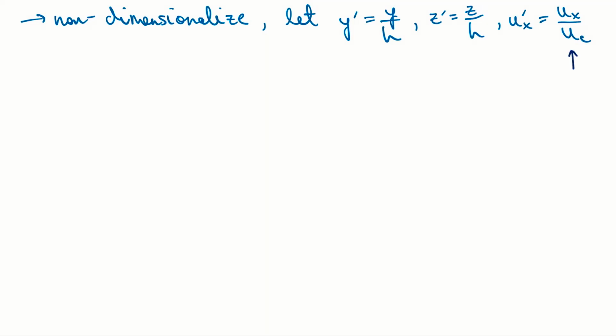So I'll write this and hopefully you're still making your own notes as well. Characteristic speed related to the pressure drop, which drives the flow.